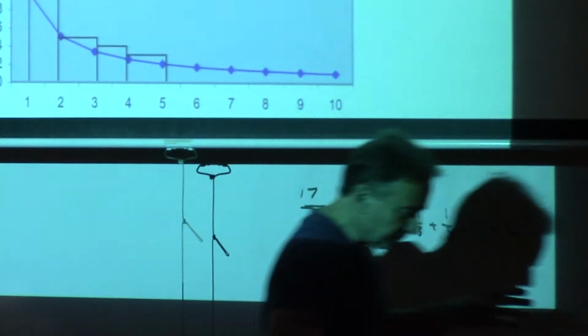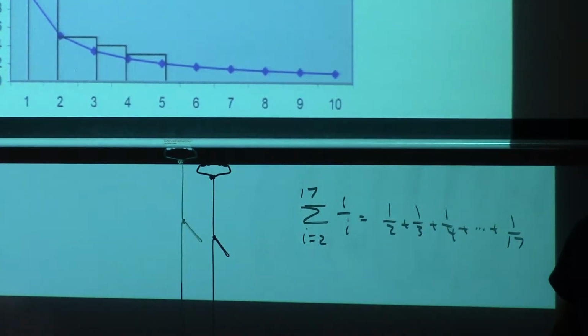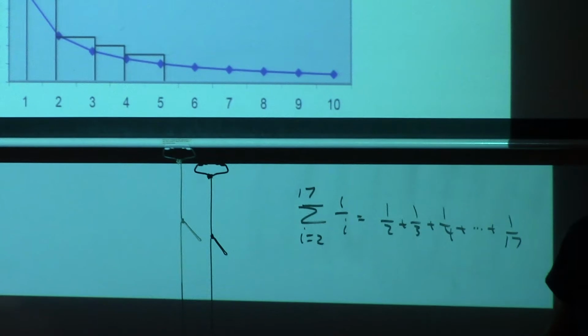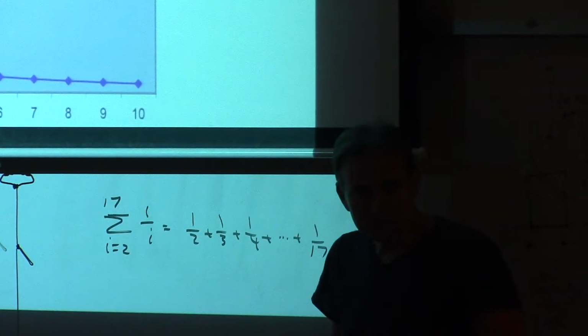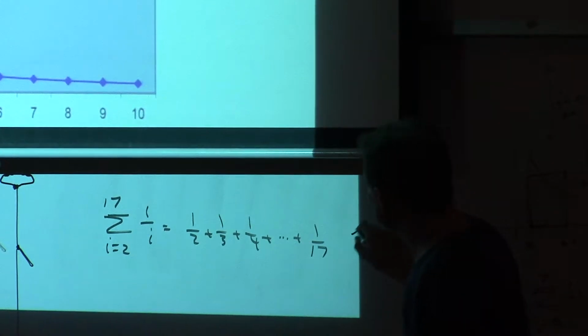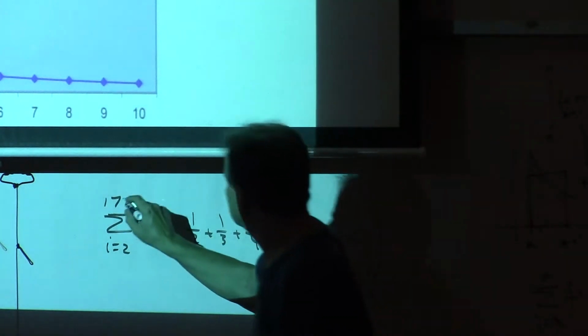So, of course, I could change this. Instead of 17, I could put 17 million or 17 billion. Now you've got a lot of work to do. So I don't know what the answer is going to be, but I know that this will be less than the integral from where? From 1 to, let's call it 17 here.